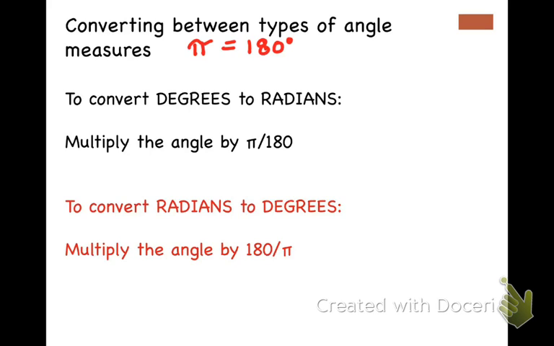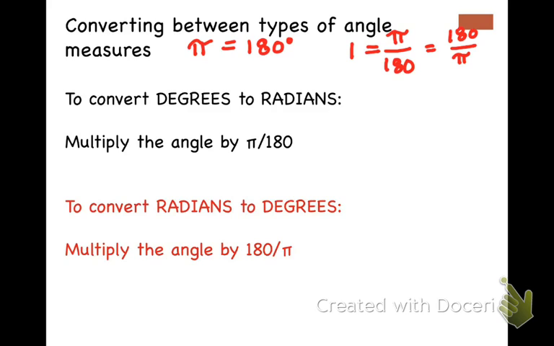And so if pi is equal to 180, then my form of 1 would be either pi over 180 or 180 divided by pi, depending on if I want to convert from degrees to radians or radians to degrees.